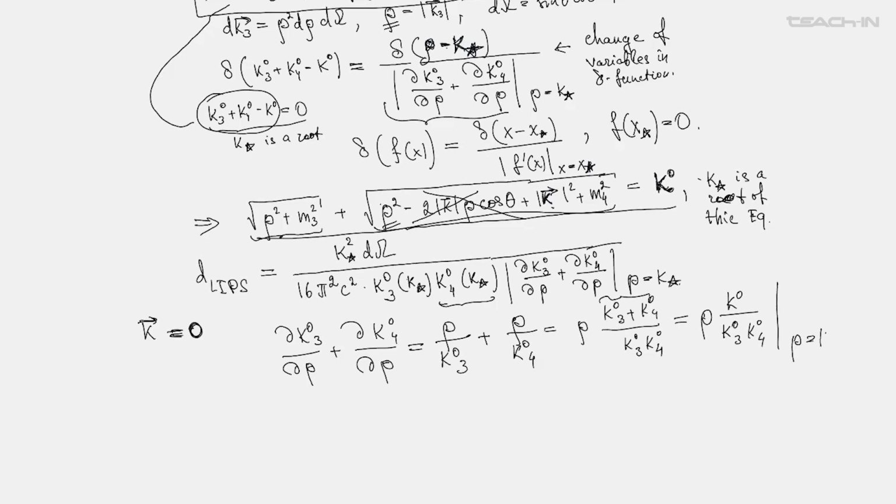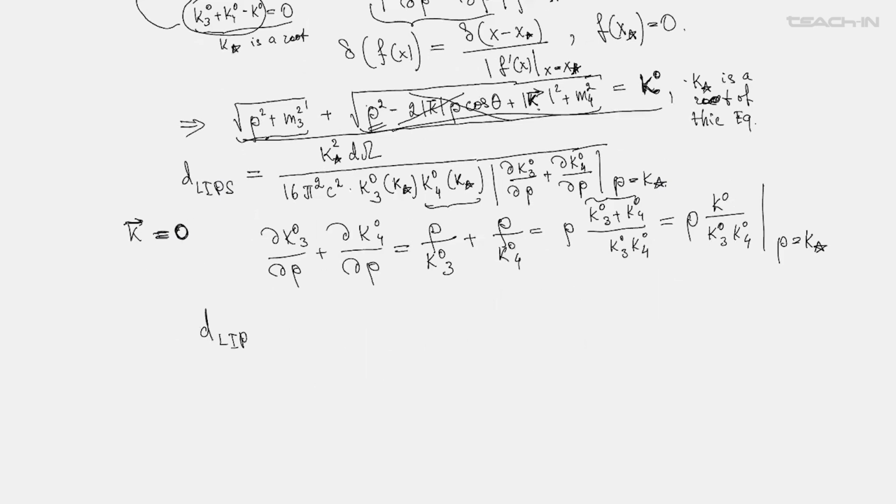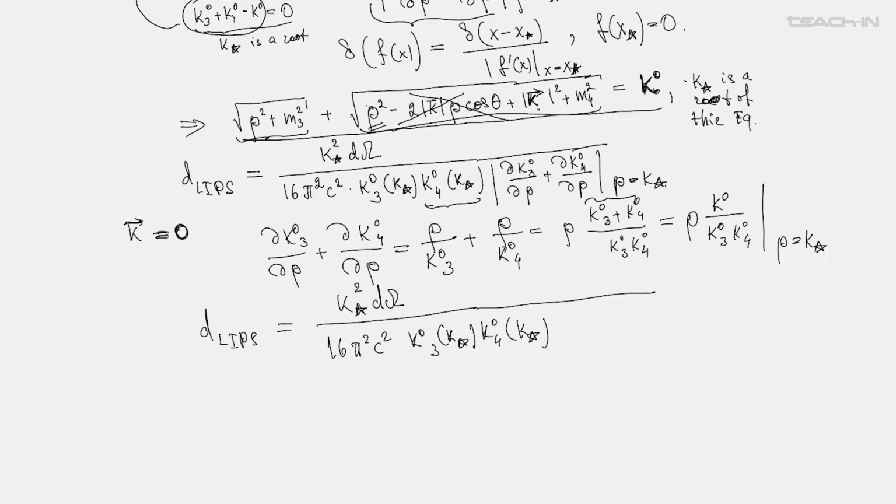So then the ellipse reduces to k star squared d omega over 16 pi squared c squared. Let's have a look. K0 you have here, depending on k star, and k04 depending on k star. Then this modulus: rho is positive and all the other quantities are energies, so they are positive. So you have rho is k star, multiplied by k0.